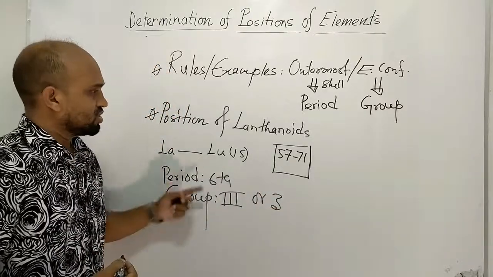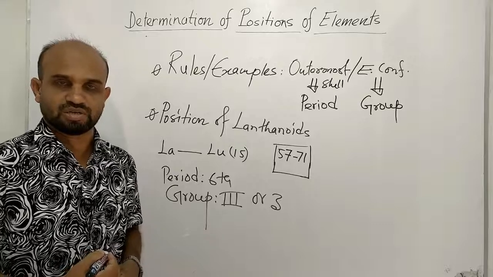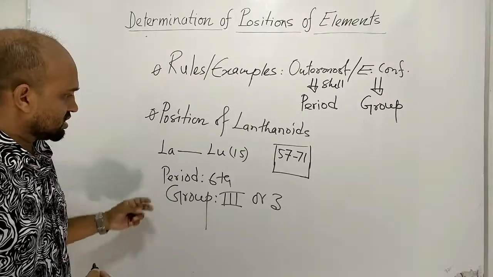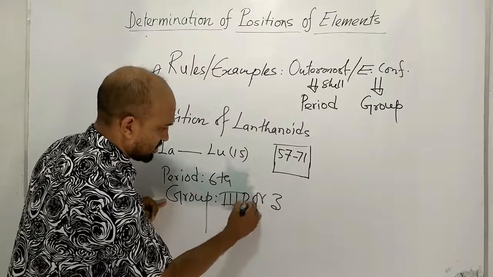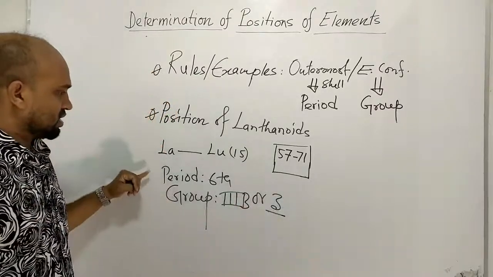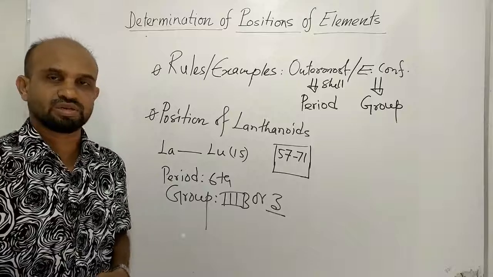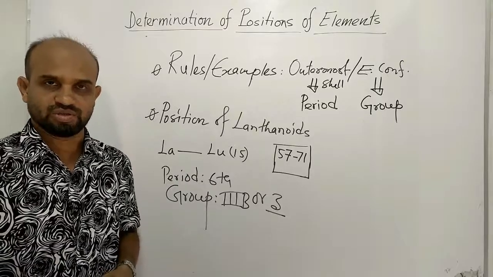So all the 15 elements, lanthanoids, have a fixed group, that is 3B or 3, and these 15 elements belong to 6th period.